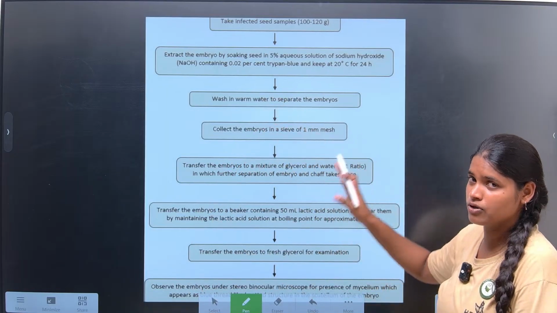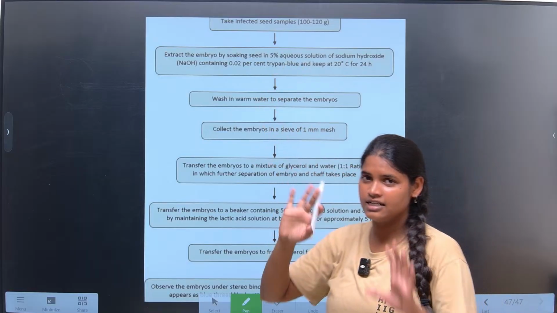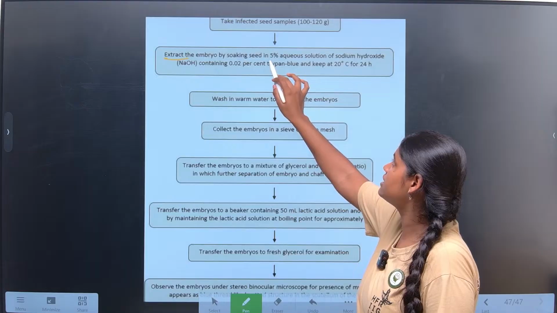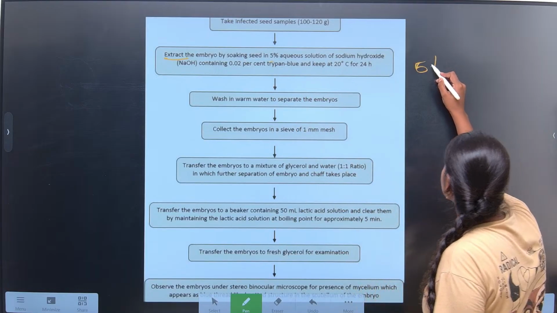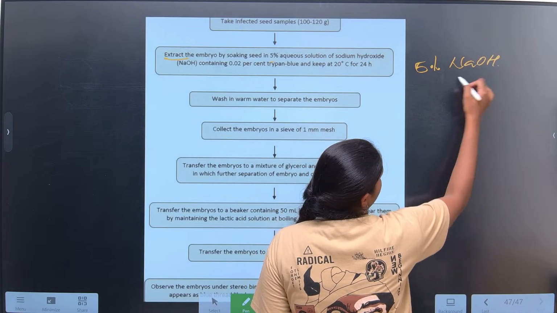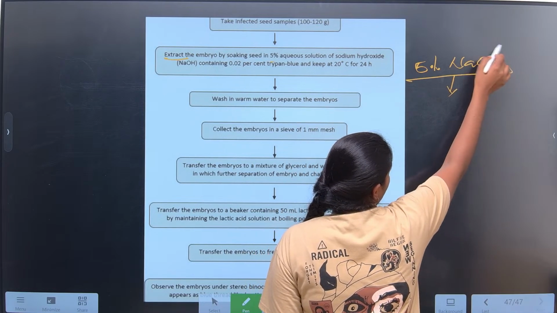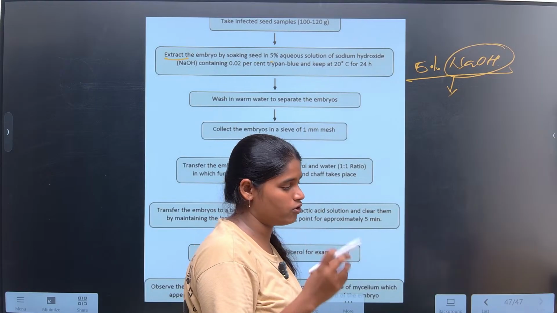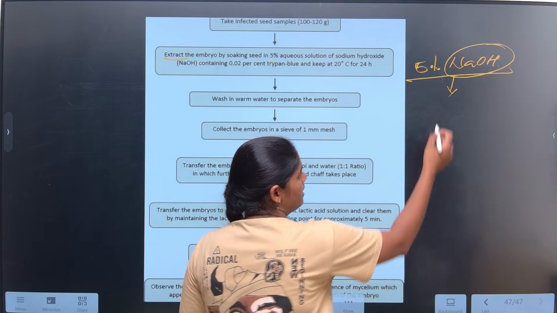What exactly is the procedure of this method? We take the seed samples and extract the embryo by soaking the seeds in 5% NaOH. Okay. The role of NaOH is that it softens tissues like the endosperm and seed coat so that the embryo can be extracted. Right?